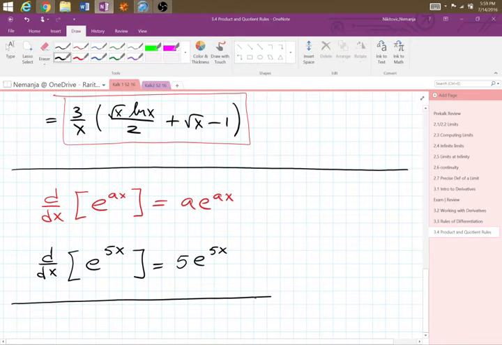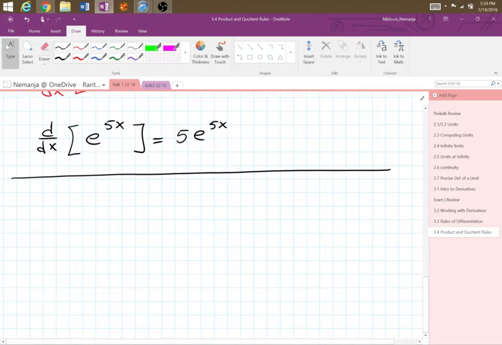So let's take a look at an example where you have this: 15x times e to the 3x. Let's see what you come up with.